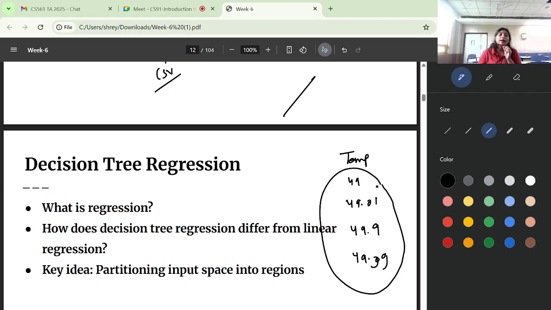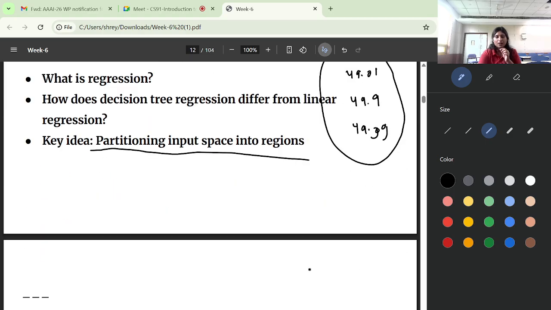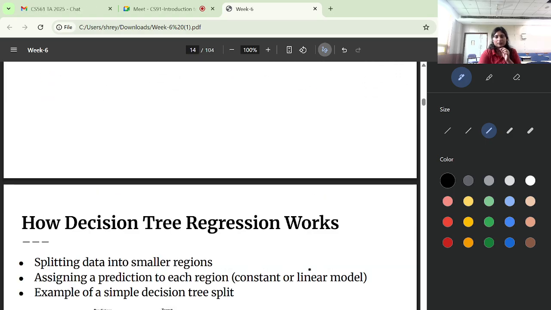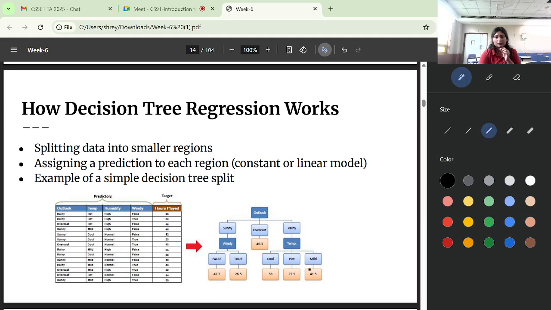So for that, they say just partition the input space into regions. So whatever your input space is, the decision nodes and the root nodes divide it into some regions. When we divide them into regions, we can take the average of each and put the values there. So it's more like that, like this.